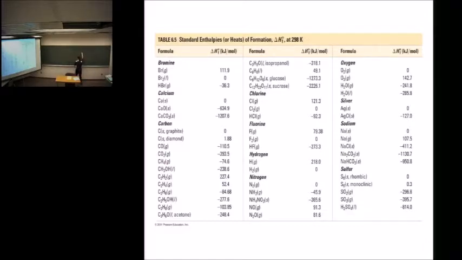We're going to define a standard set of conditions, enthalpy under a standard set of conditions. Okay, enthalpy, and we're going to say standard state. Just like we had standard temperature and pressure, we're going to have standard state conditions. That little symbol means standard state.